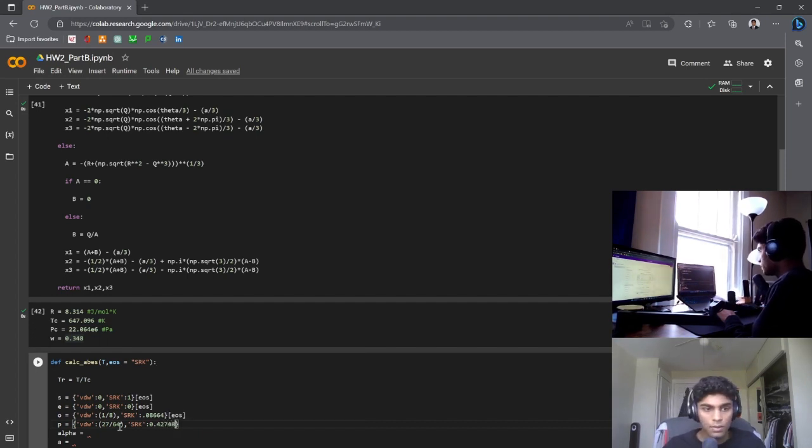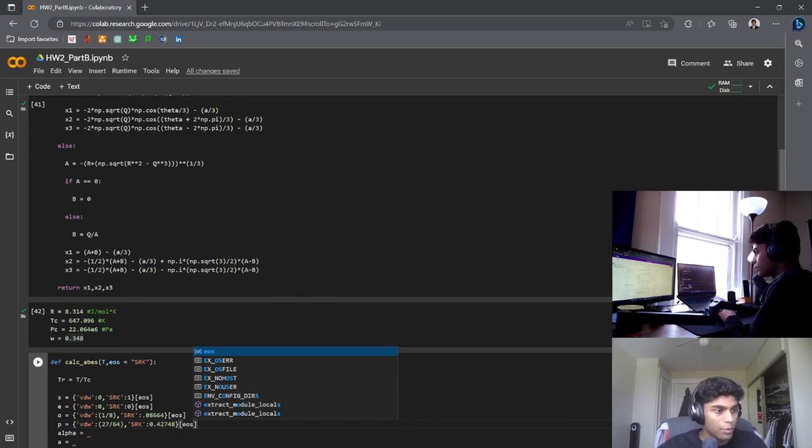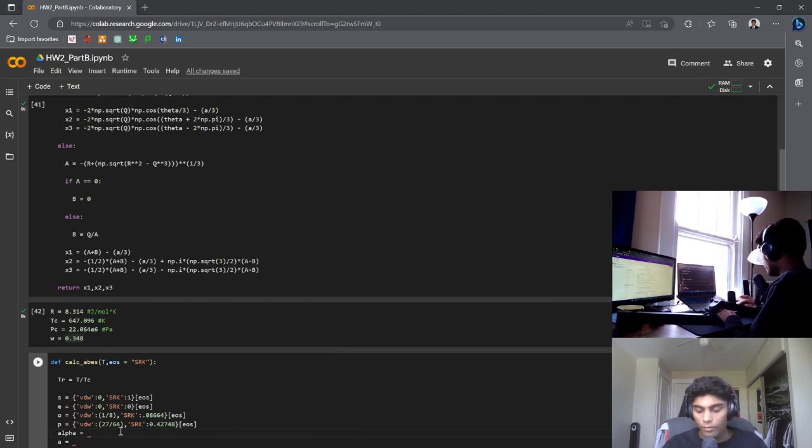All right. For EOS, double check that I put that in right. 0.42748. Yep. Okay. For alpha, now for van der Waals, alpha is just equal to 1.